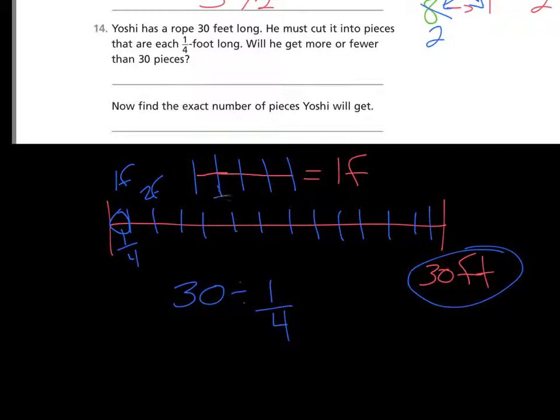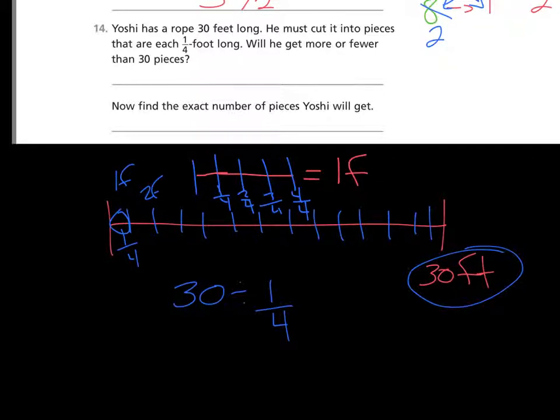So this would be 1/4 of 1 foot, 2/4 of a foot, 3/4 of a foot, and 4/4 of a foot. So you can see that if I broke them into 1 foot each, it would be equal to 30 feet. I would have 30 pieces of rope that were each 1 foot long, which would be equal to 30 feet. But I'm not doing that.